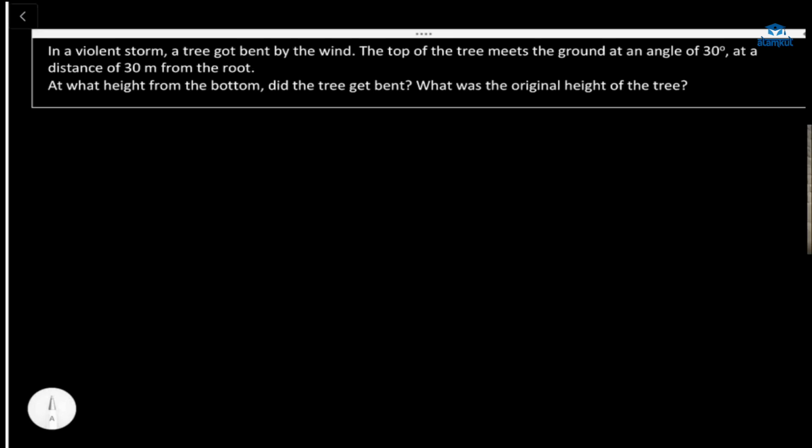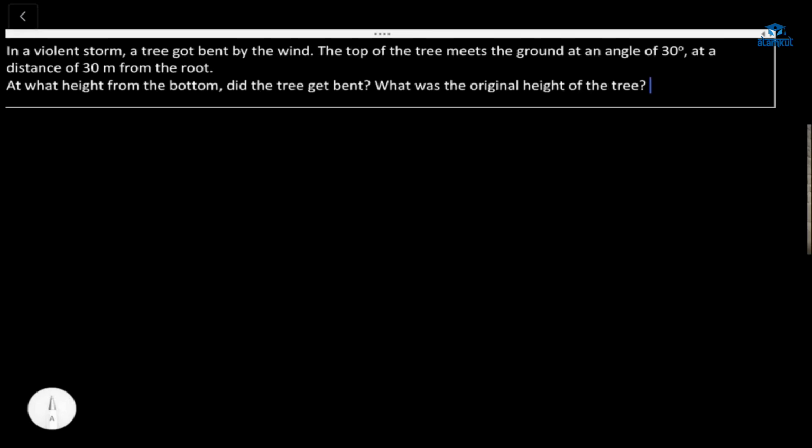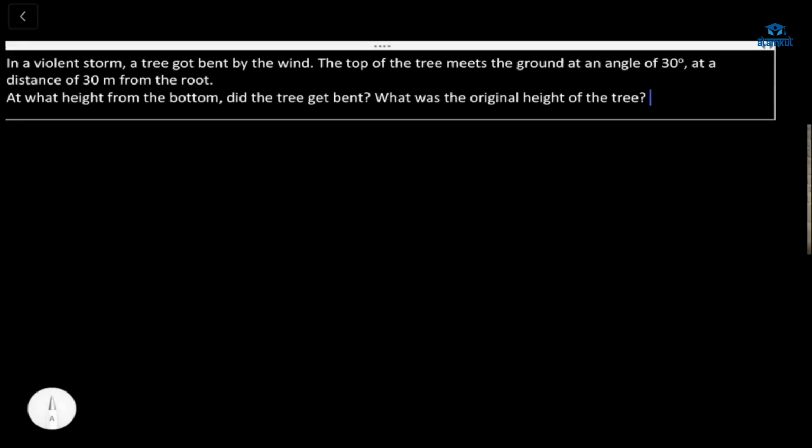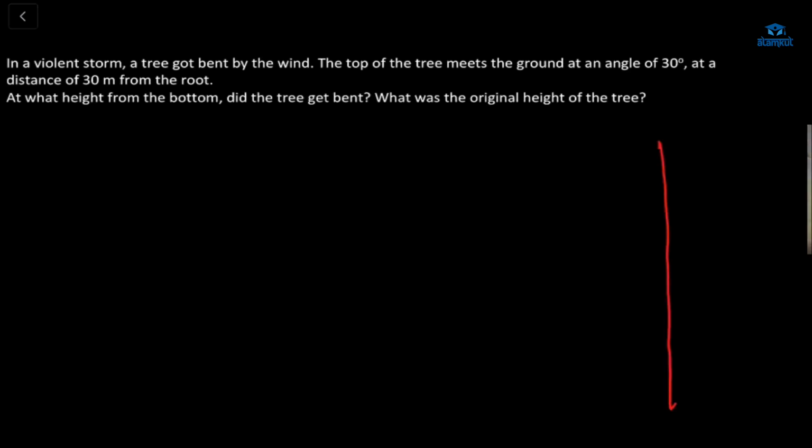Now see, a whole tree was there. Just imagine that this is your tree, the complete tree. I'm not drawing a structure of the tree. This AB is your tree. Now in the storm, it got bent, and the top of the tree meets the ground. So from A it got bent.